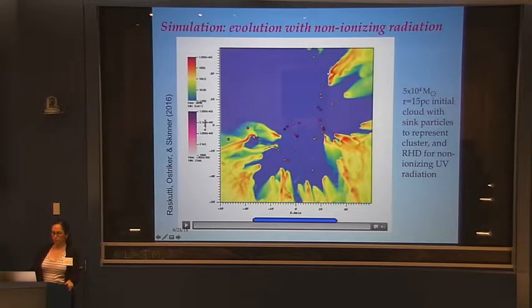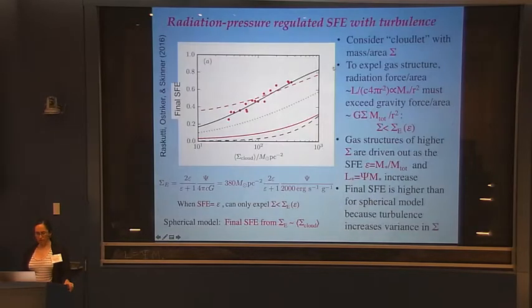One of the things that's pretty obvious is that the dense regions remain longer in the cloud. And that shouldn't surprise you, for the reasons that I mentioned before. That is, higher star formation efficiency is required at higher surface density. Another way to think of that is you need a larger luminosity to expel higher surface density cloudlets within a given cloud. So if we think about a given cloudlet, what do we need in order to expel it?